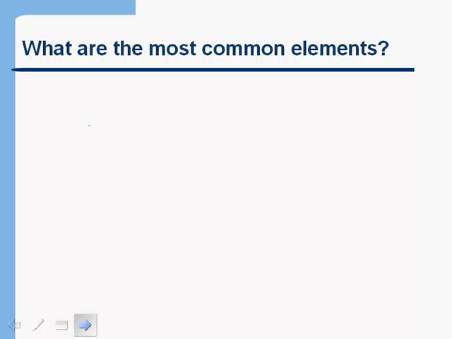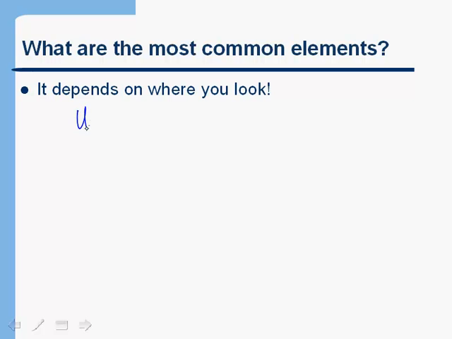Let's take a look at what are the most common elements. And in order to answer that question, the first thing we have to say is it depends on where you look. So if you were looking at the universe as a whole, what you'd find is that by far the most common element is hydrogen. Okay?